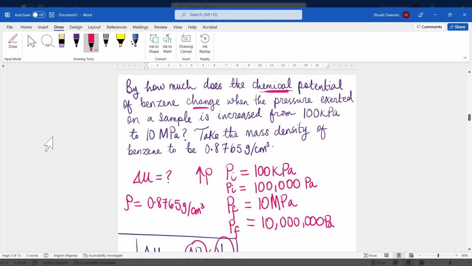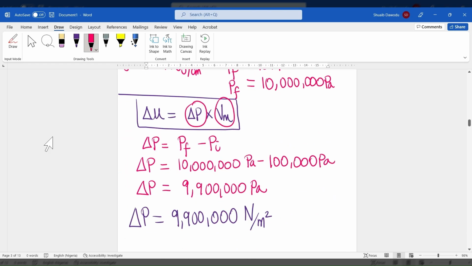But if you go back to the question, you remember that we're given the identity of the sample we're dealing with. We're given that sample to be benzene. And we know that benzene has a unique molar mass, meaning when you calculate the molar mass of C6H6, which is benzene, you end up with 78.11 gram per mole.